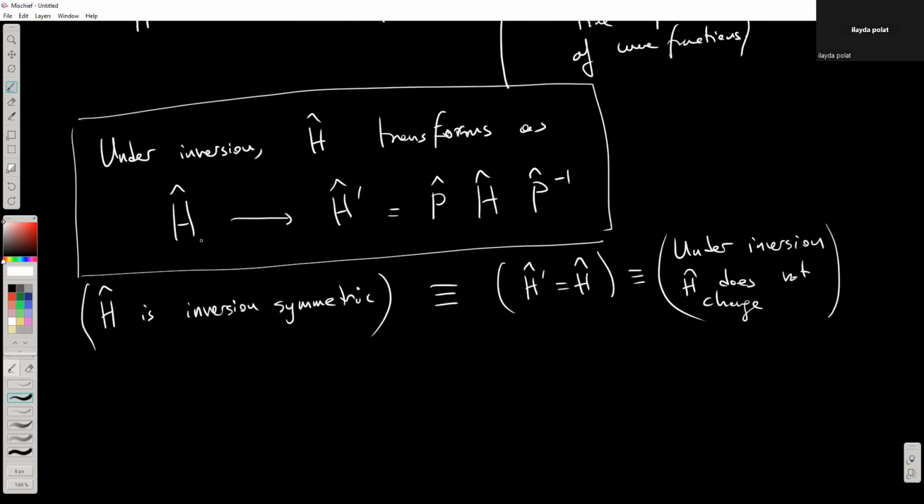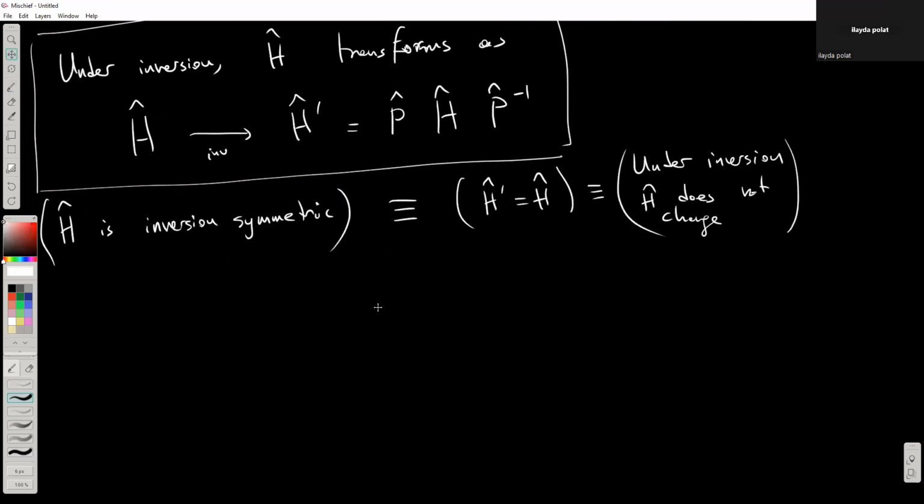The Hamiltonian under inversion has its own transformation, and so we say that the Hamiltonian is inversion symmetric if under this inversion transformation it doesn't change. So H prime is equal to H.